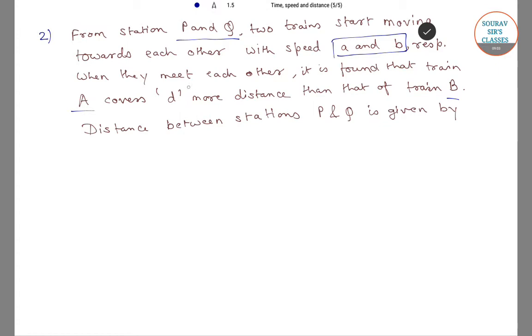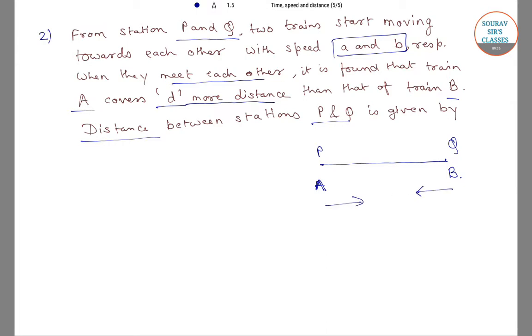And when they meet each other, it is found that train A has covered d more distance than train B. Then the distance between the stations P and Q is given by, so here we have stations P and Q. Suppose train A has started from station P and B has started from station Q. They are moving towards each other.